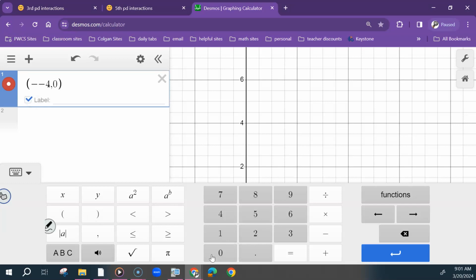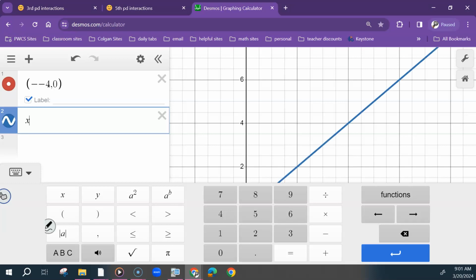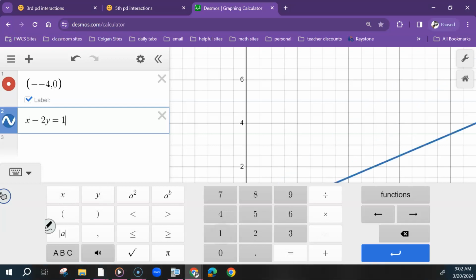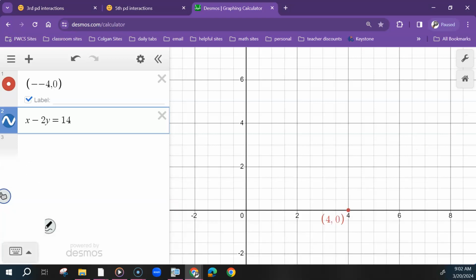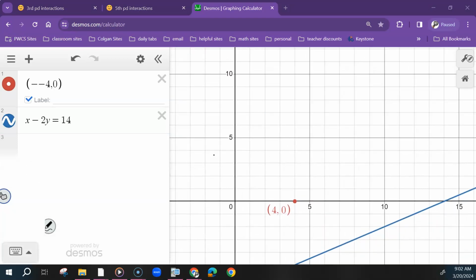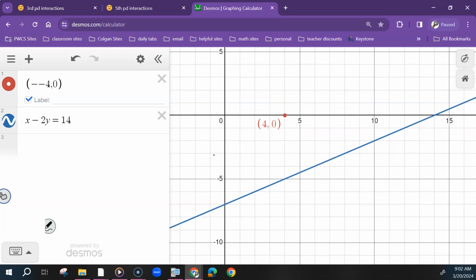Put in the equation given, x minus 2y equals 14. I'm going to find the slope of this line. If it's parallel, the slope has to be the same. So from this point, it looks like I'm going up 1 to the right 2. So that would be my slope.